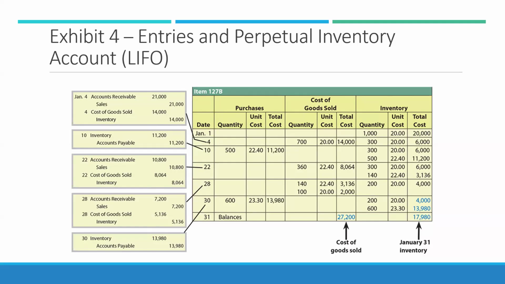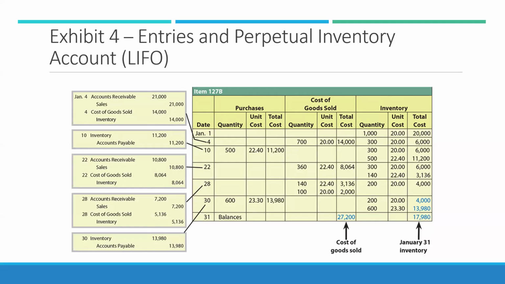And so the 360 comes from the 22.40 inventory, and then the remaining inventory is the $20 inventory at 300 still, and then the $140 inventory. Then when we sell another 240, we use up the remaining 140 of the inventory purchased on the 10th, and then 100 of the $20 inventory.